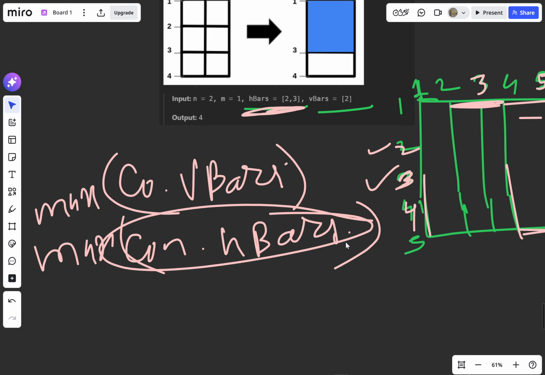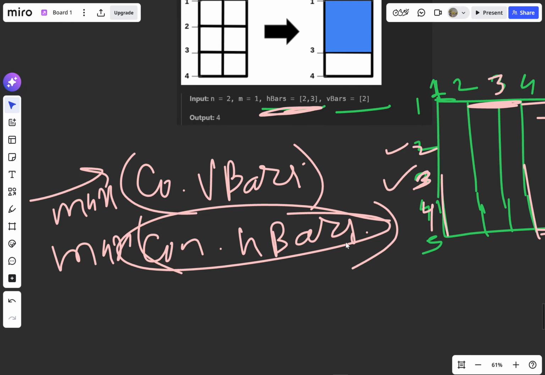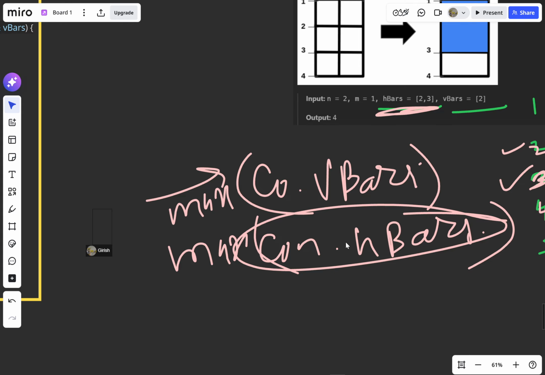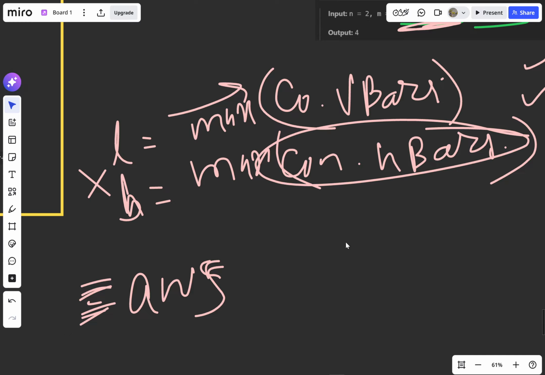If we consider this as a length and this as a breadth, the maximum continuous vertical bars will give us the length and this will give us the breadth. After multiplying these we will get the answer for the maximum area, the maximum empty area.